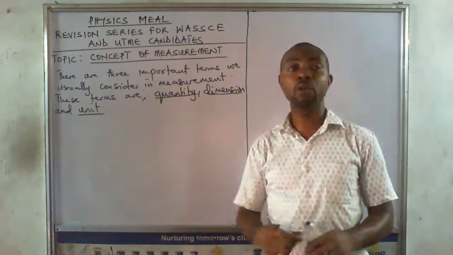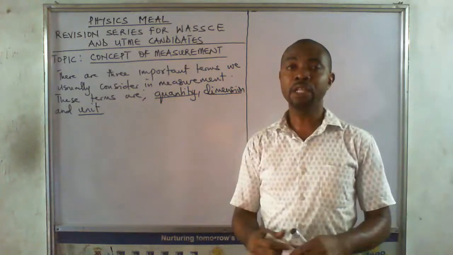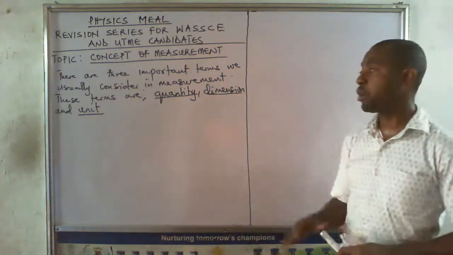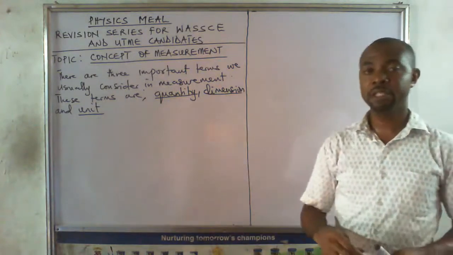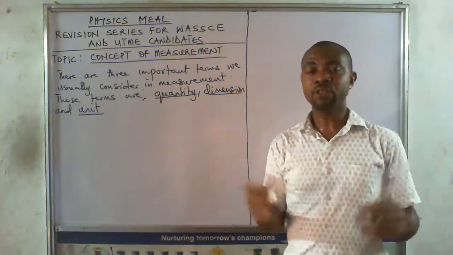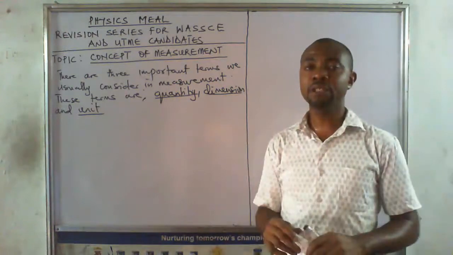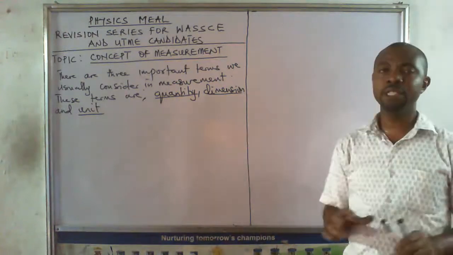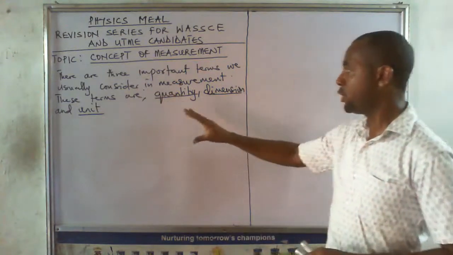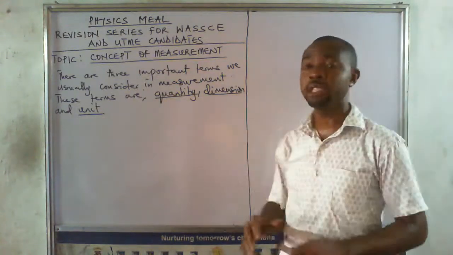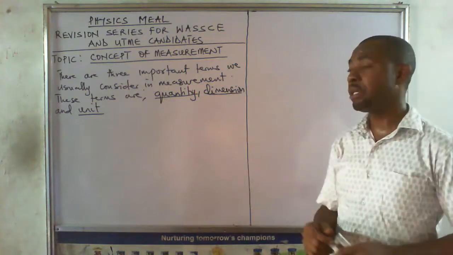We always come across quantity, we also come across dimension, and definitely we'll come across unit. So we're going to take time to look at each of them. Remember, it's a revision series, and we have to be very concise. We'll hit the points that are necessary. So whenever we are looking at measurement, we must look at the concept of quantity, the concept of dimension, and the concept of what? Unit.